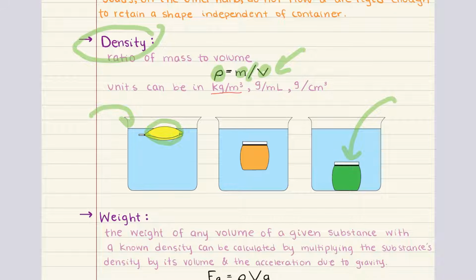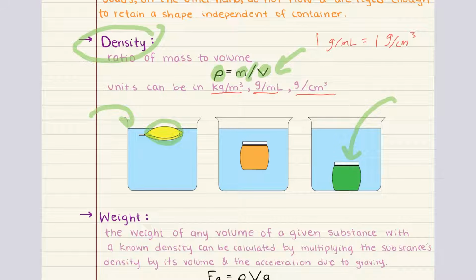However, depending on the context, you might find it more convenient to use grams per milliliter or grams per cubic centimeter. Now here I want to make a couple of notes. 1 gram per milliliter is equal to 1 gram per cubic centimeter. In addition, it's crucial to remember that for the MCAT, you need to have the density of water memorized.